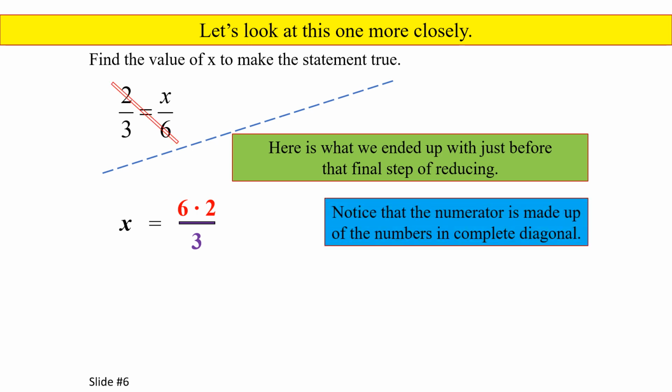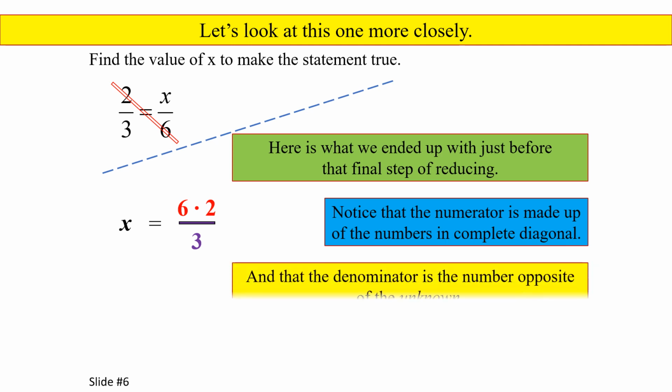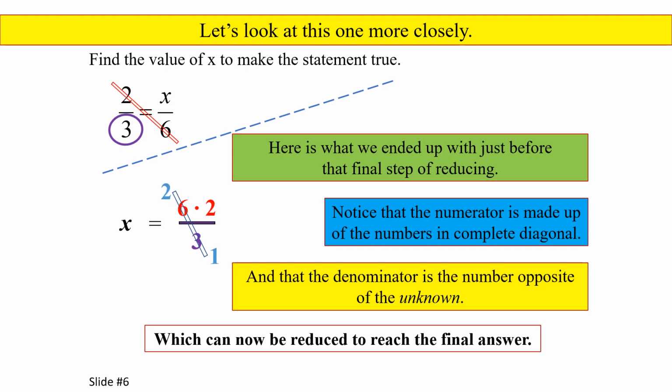Notice that the numerator is made up of the numbers that are in the complete diagonal, the diagonal that does not contain our unknown, the 6 times the 2. And the denominator is the number opposite the unknown, which in this case is the 3. And then we can reduce to get our final answer.